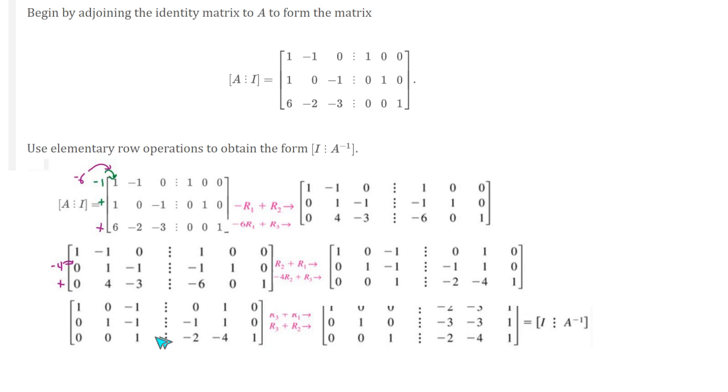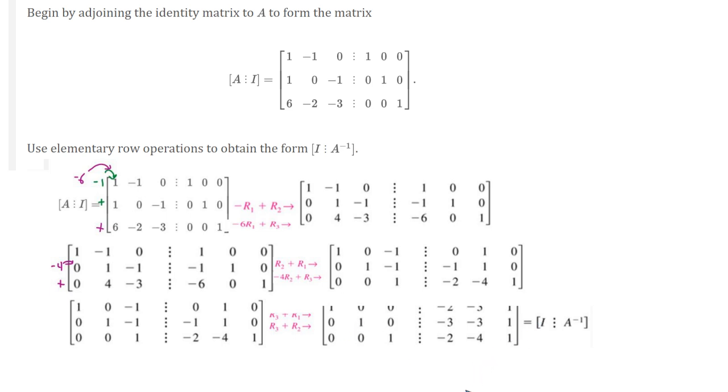And then let's do the second one. 0 plus 0 is 0. 0 plus 1 is 1. 1 plus negative 1 is 0. And 2 plus negative 1, negative 3. Negative 4 plus 1, negative 3. And 1 plus 0 is 1. And so now we have our identity matrix on the left.